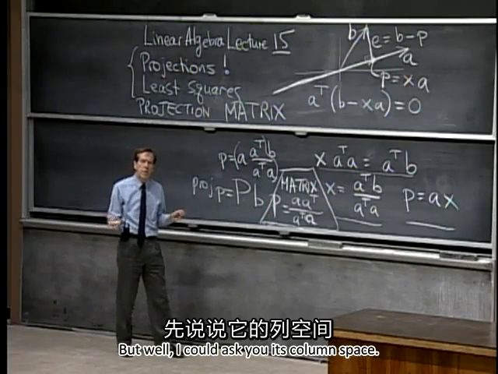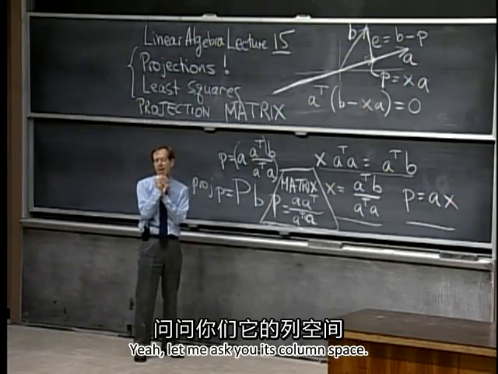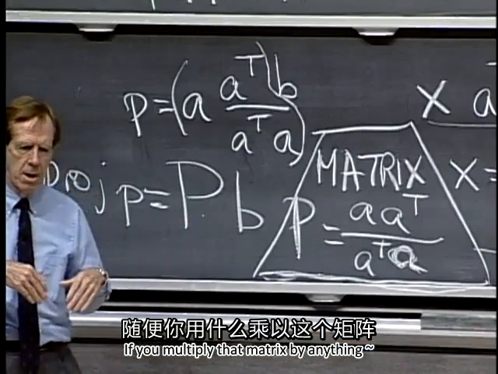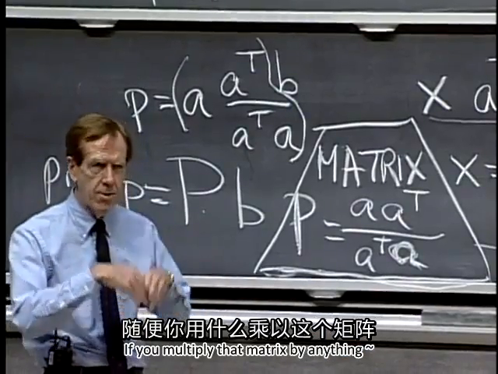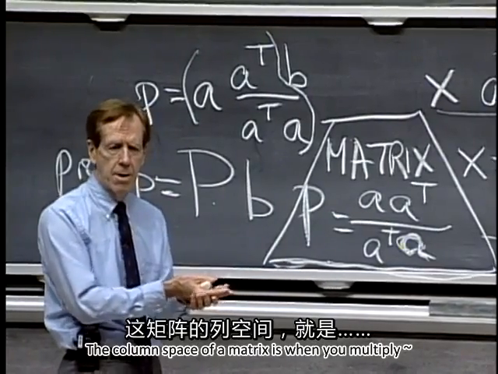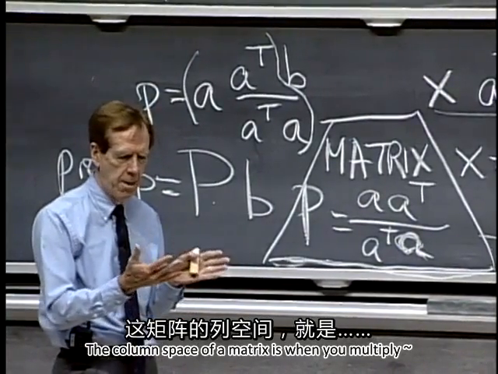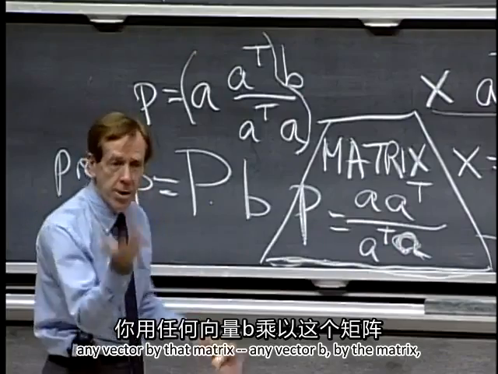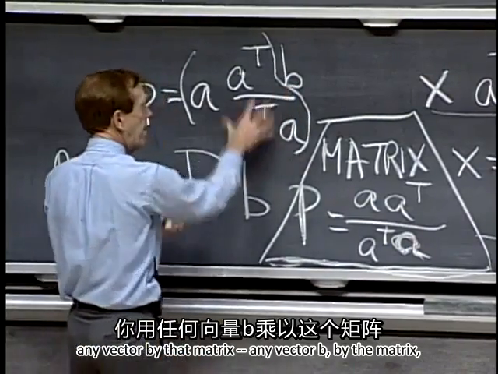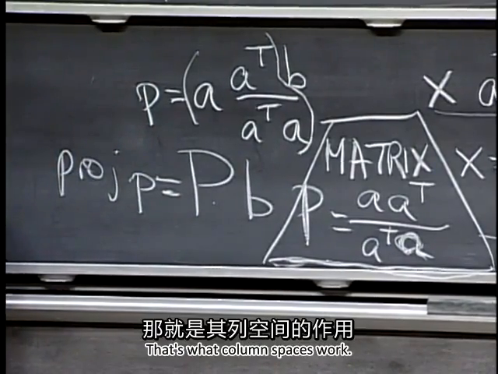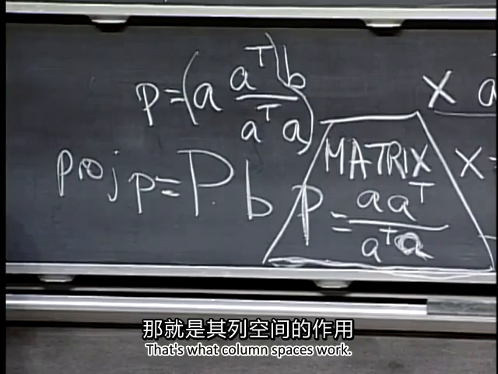Well, I could ask you its column space. So what's the column space of a matrix? If you multiply that matrix by anything, you always get in the column space, right? The column space of a matrix is where you land when you multiply any vector B by the matrix. That's how column spaces work.